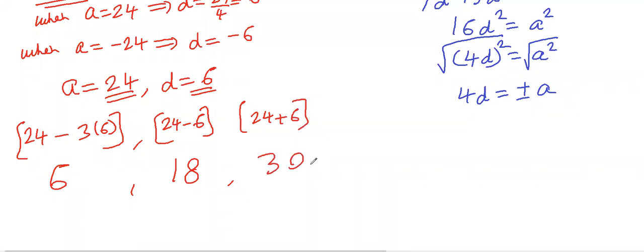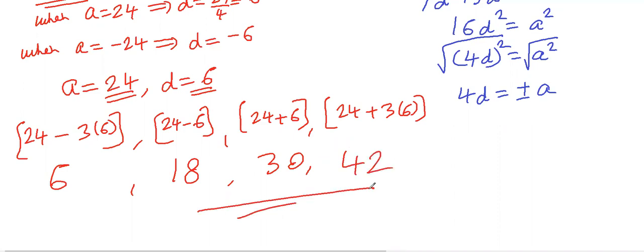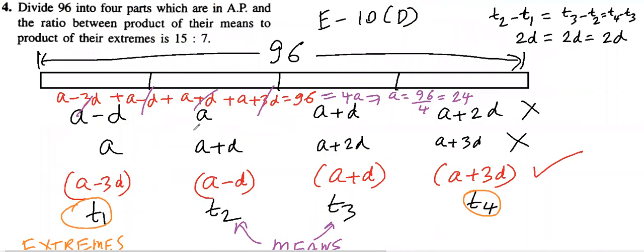Yes, it will be 30. And the fourth part will be 24 plus 3 into 6. 6 3s are 18. 18 plus 24 is 42. So these are the number of parts we have to divide this into. Got it?